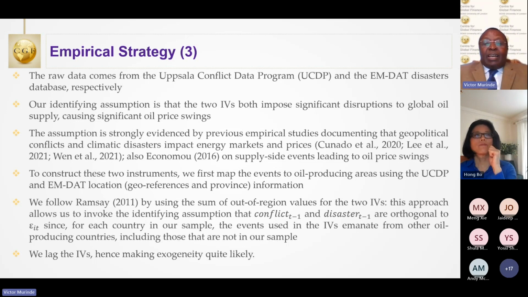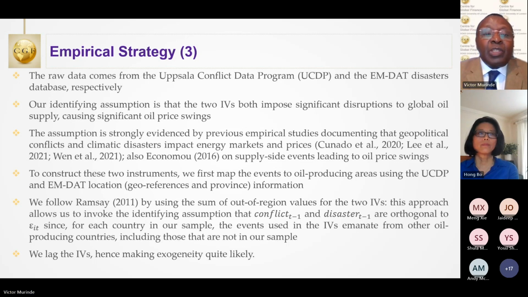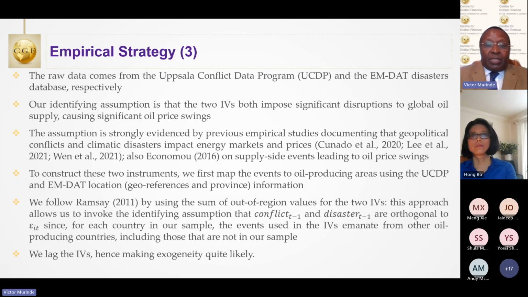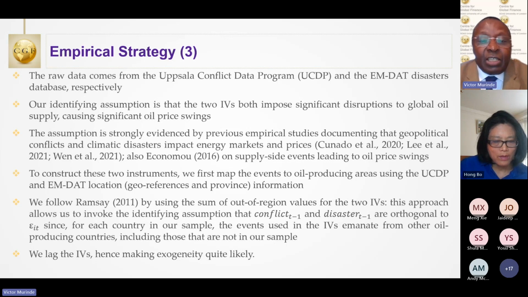First of all, the Uppsala Conflict Data Program, UCDP, used also in other literature, and the EM-DAT disasters database, which we have used in deriving the instruments. So the identifying assumption is that the two IVs, conflict and disaster, both impose significant disruption of global oil supply, causing significant oil price swings.